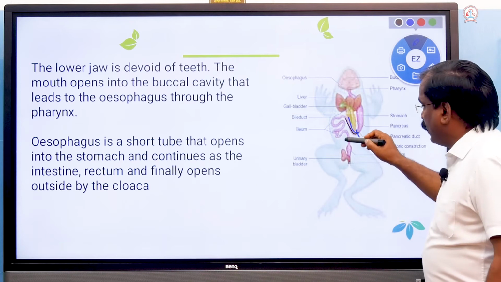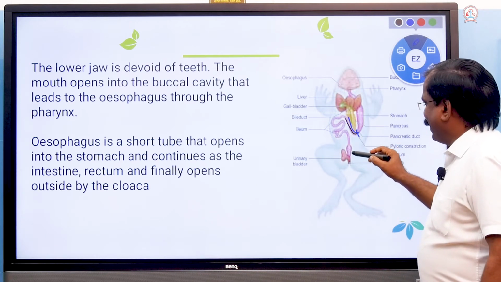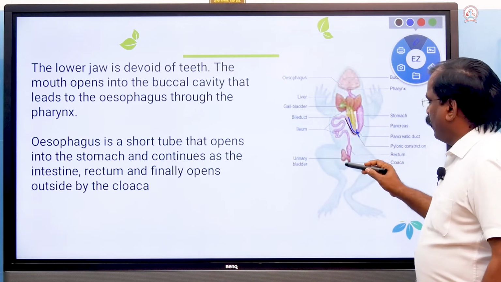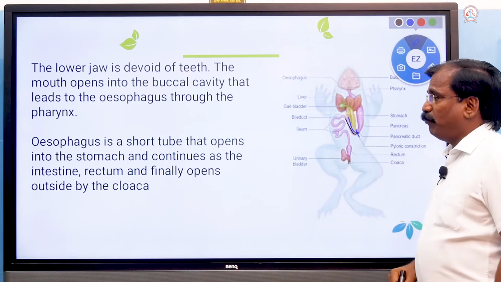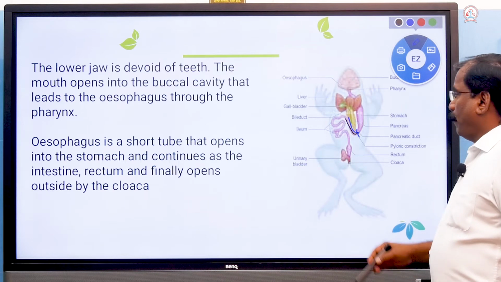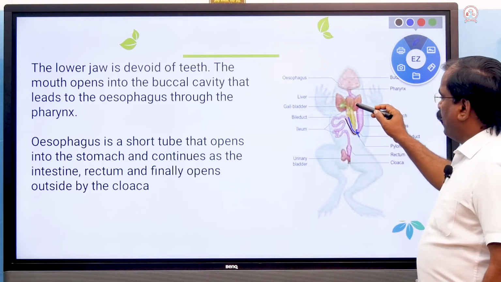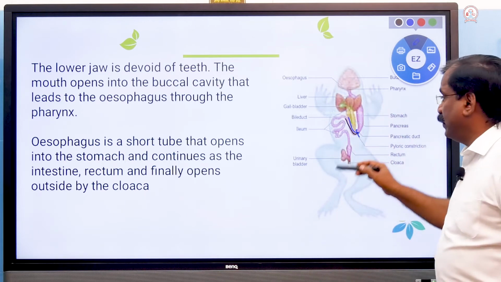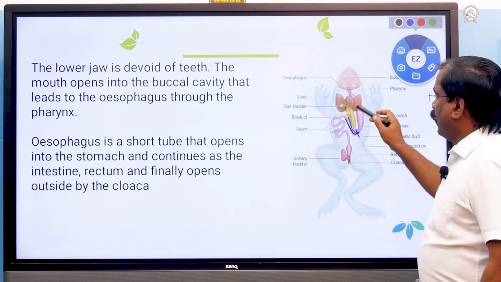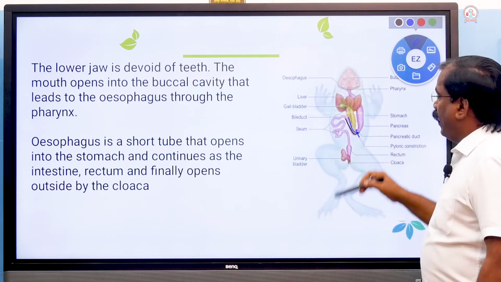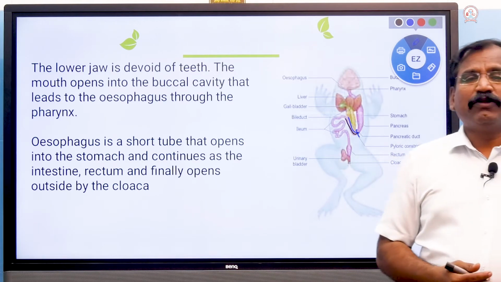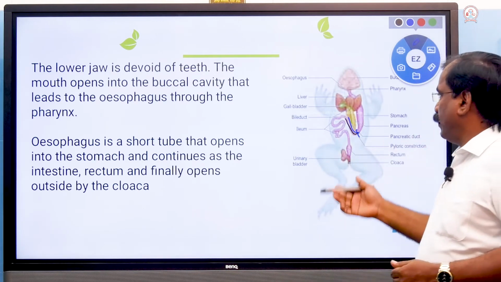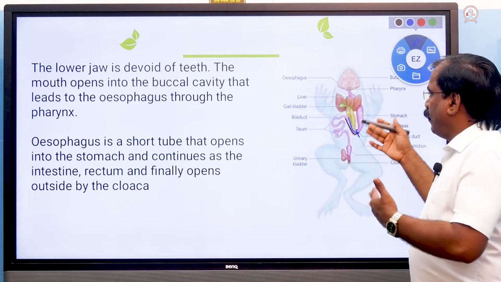The duodenum is a very important region, where the major digestion takes place. The liver and the pancreas are there, and they secrete the enzymes.